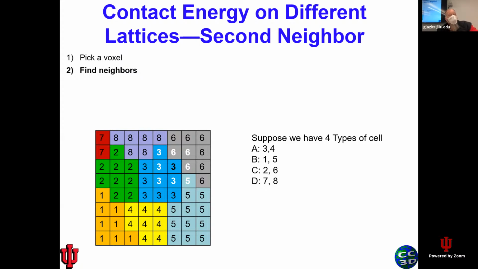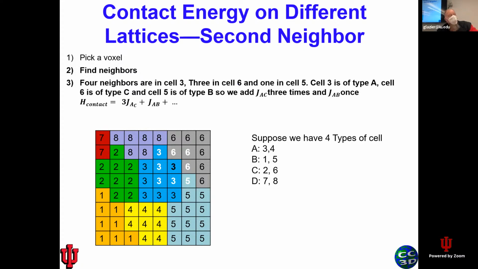And so now I have 3 JACs and 1 JAB for second neighbor. Again, you could argue that those longer range ones should actually be down-weighted by the distance. Be interesting to study them. And so you get that.